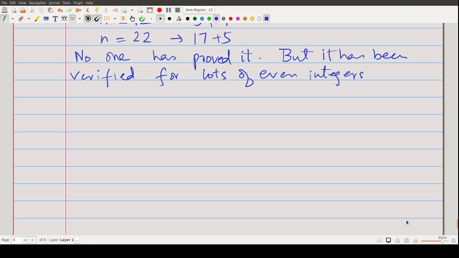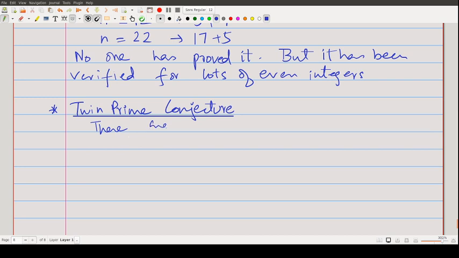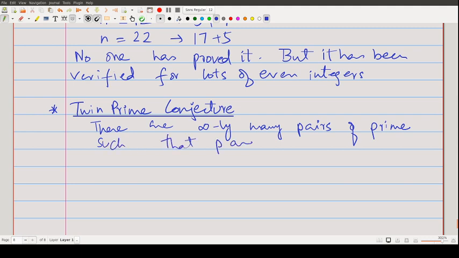The next thing you have is also a conjecture called the twin prime conjecture. The twin prime conjecture says that there are infinitely many pairs of primes such that p and p plus 2 are both prime.